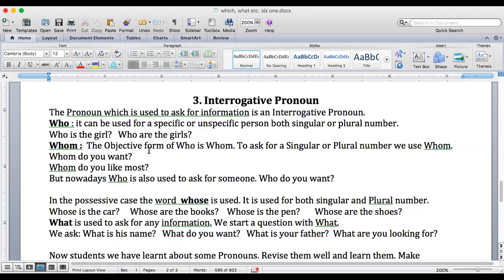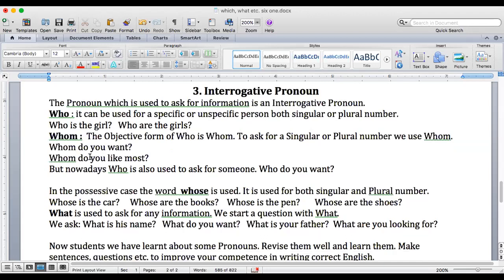All right. And there's whom. Whom is the objective form of who. You say who and whom you are talking about. To ask for a singular or plural number, we use whom. Whom do you want? Whom do you like most?